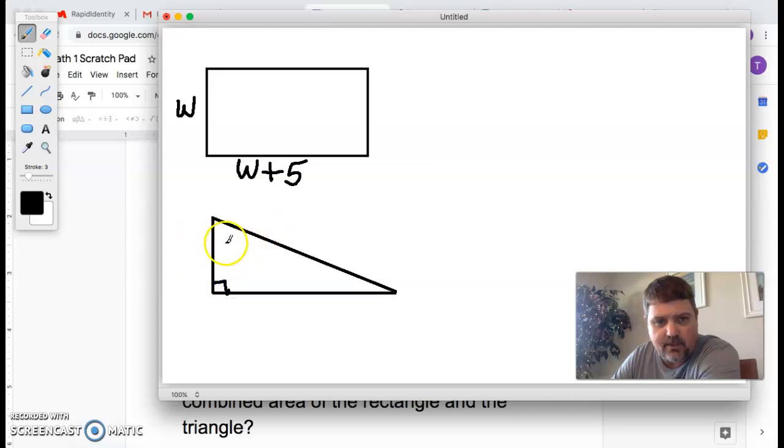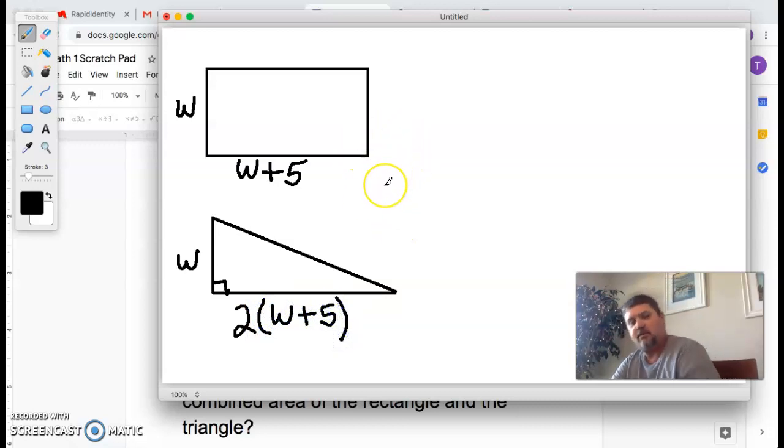We'll make it a right triangle. The shorter leg here is equal to the width of the rectangle. Like I said, don't get wrapped up with scaling. And this is supposed to be twice the length of the rectangle, which clearly isn't, but like I said, you don't want to get too carried away with that. These pictures just help us wrap our head around what we're being asked. So pretty much that's what we've got.